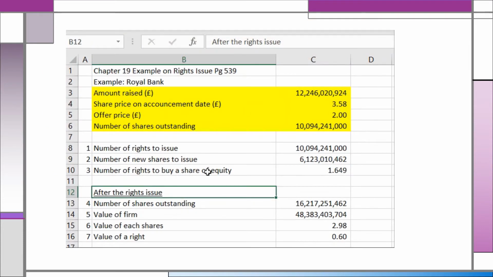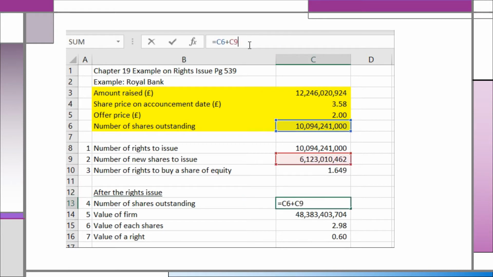Let's calculate the answer for question 4 to question 7. For question 4, how many shares outstanding are there? The number of shares outstanding increases by the number of new shares issued. The number of shares outstanding will be the number of existing shares plus number of new shares.